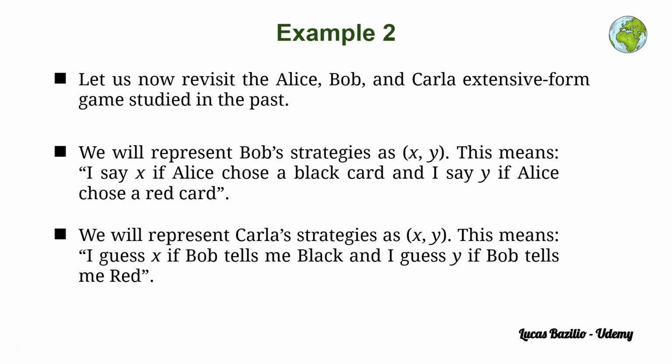Now, Carla's strategies will also be pairs, and again XY, which means that I guess X if Bob tells me black, and I guess Y if Bob tells me red. That is, whether Bob tells that Alice had chosen black or red, respectively.